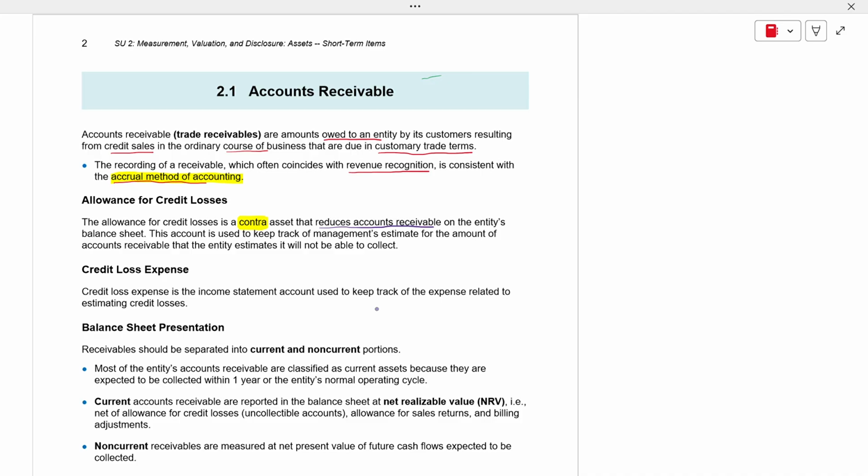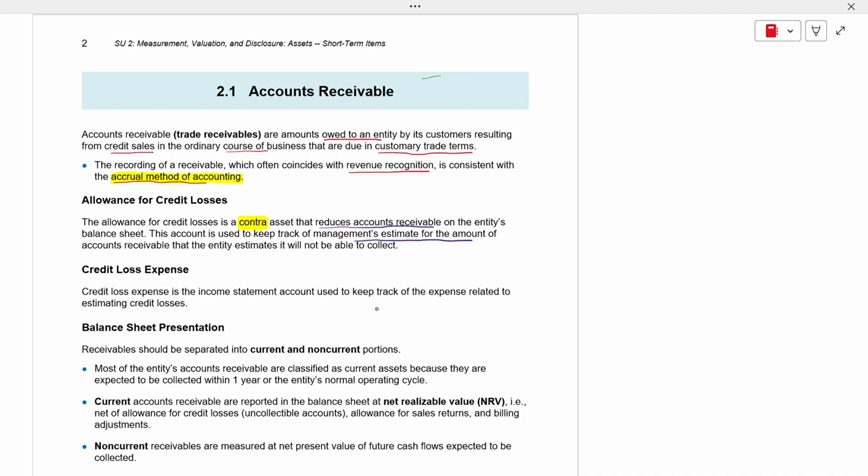It will show as a provision for doubtful debts. It is only an estimate, an estimated amount of uncollectible receivables.